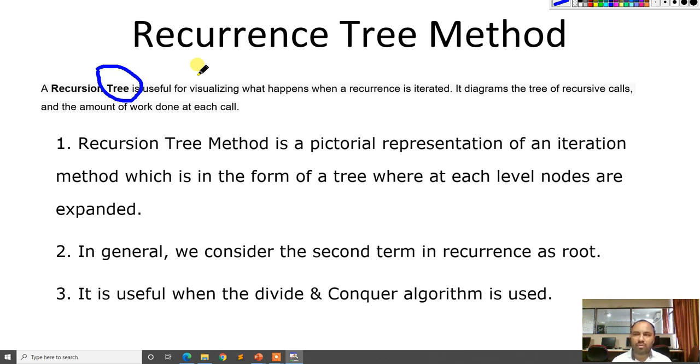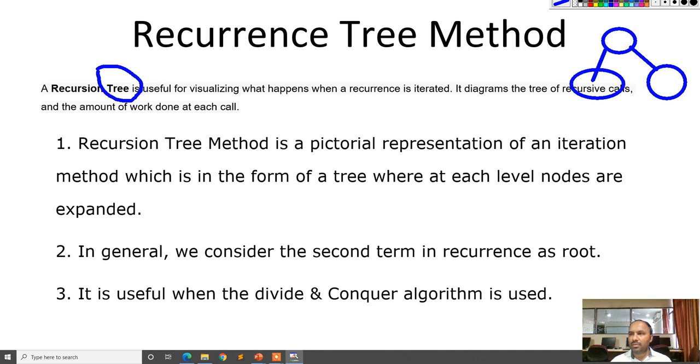As we all know, the tree may have two kinds of subtree: the left subtree and the right subtree. Whichever subtree has more height, that we have to consider.